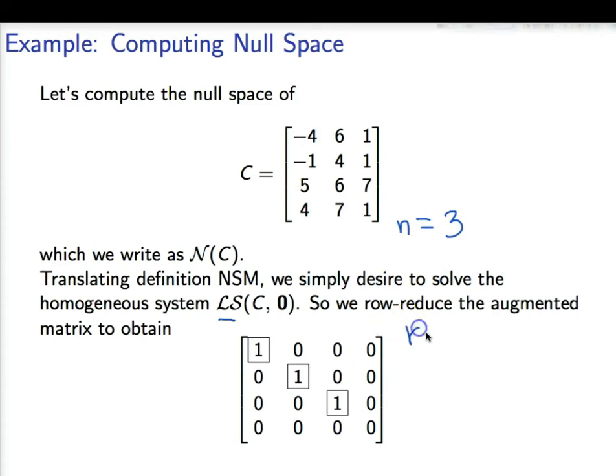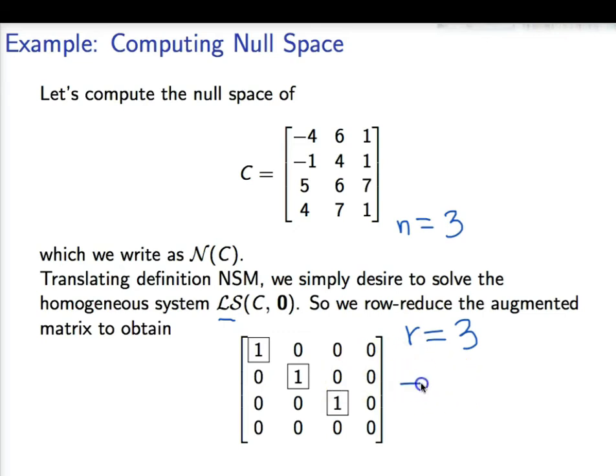But also we find that the number of non-zero rows of this RREF equals 3. So n and r are exactly the same, and then we would conclude that in this case there is only one unique solution.